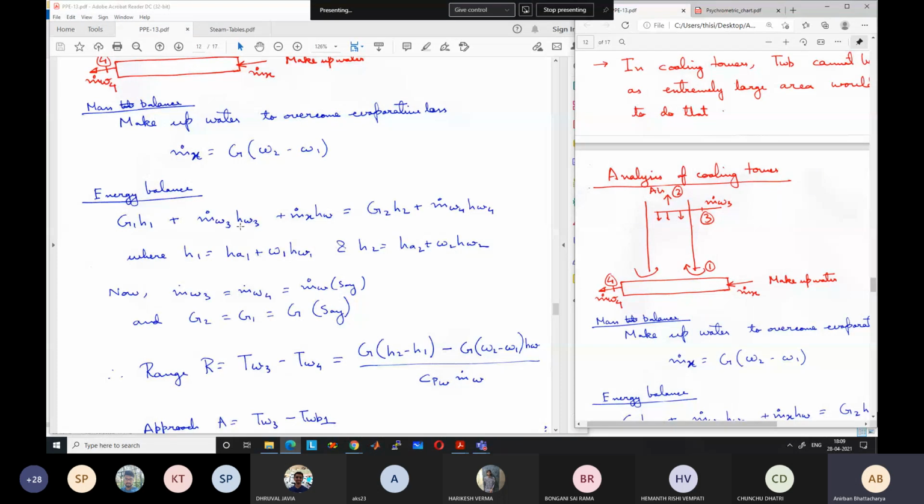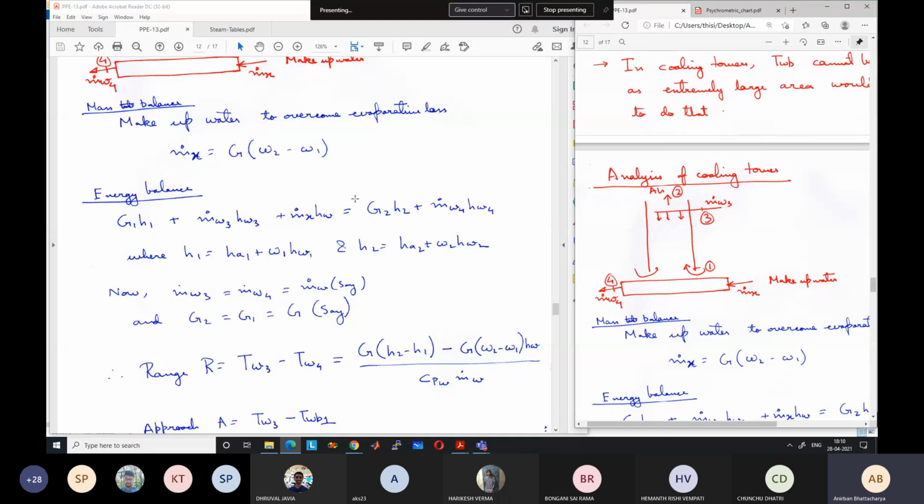The energy of the makeup water is m dot X, the mass flow rate of makeup water, multiplied by HW, the energy per kg of makeup water, which depends on the temperature at which it is supplied. If we know the temperature, we know the enthalpy of the makeup water.